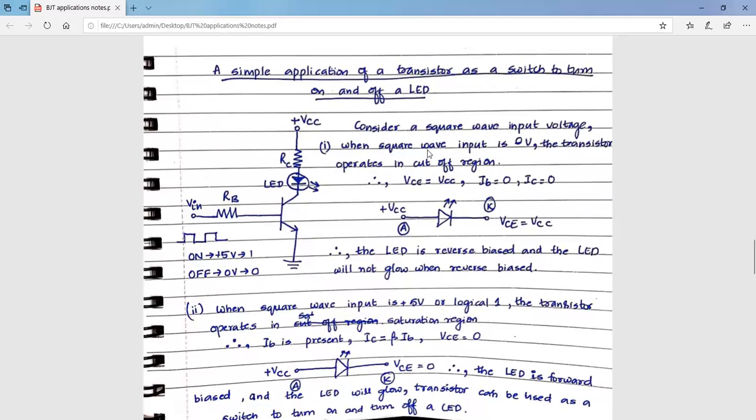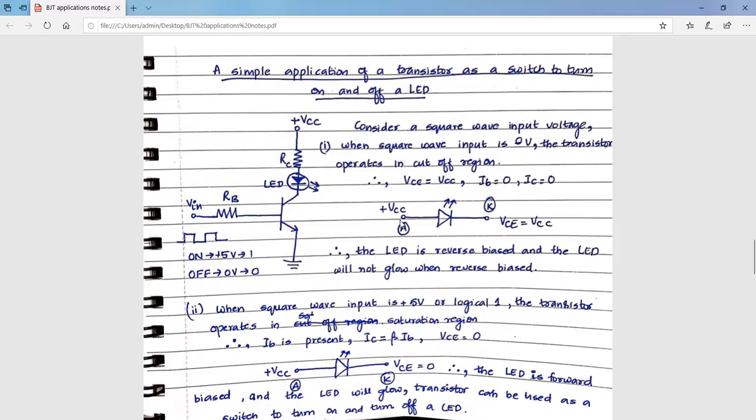So when you connect a square wave as an input, and you give the input as 0 volts, we know that the transistor will operate in the cutoff region. So in the cutoff region, IB is 0. If IB is 0, IC will also be 0, because your input voltage is 0, and that will result in VCE being equivalent to VCC, which we saw in the previous concept.